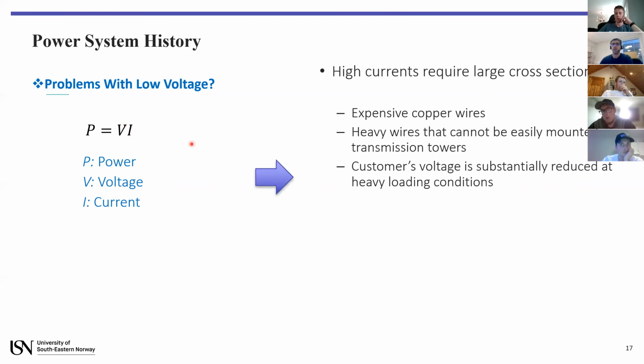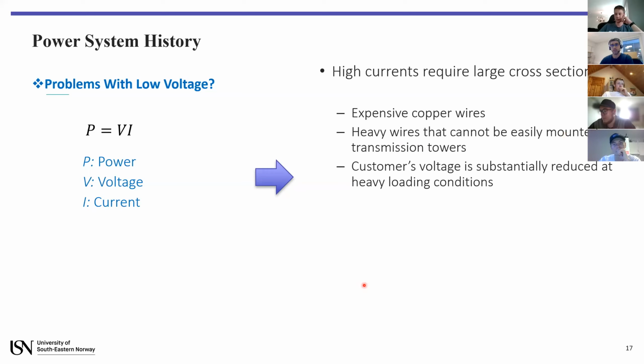However, if we increase the current, we'll have some disadvantages. For example, the wire will be very expensive. They will be very heavy. It will be difficult to mount it on the transmission tower.